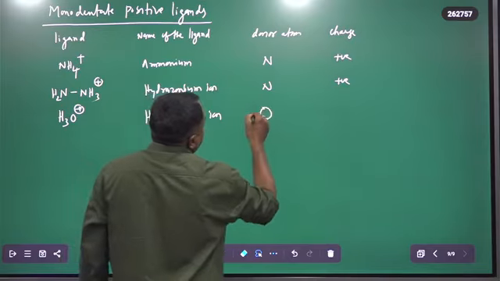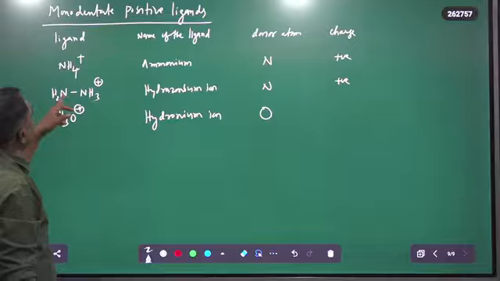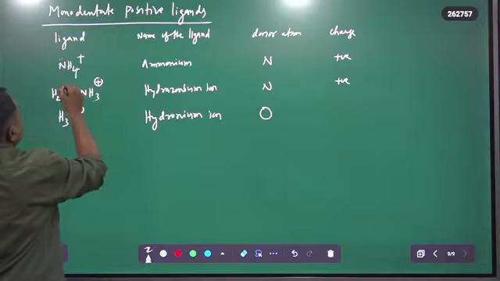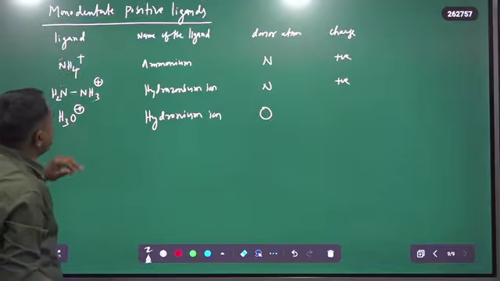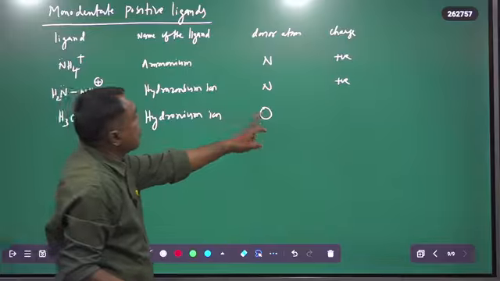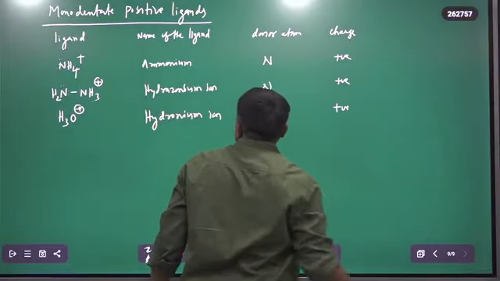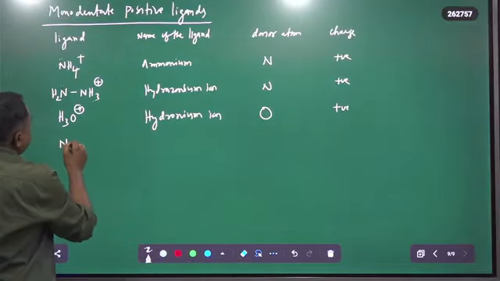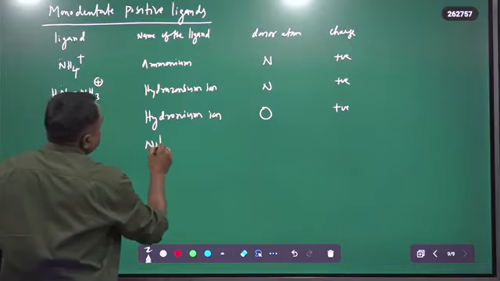In the hydronium ion, oxygen is the donor atom. In the hydrazonium ion, nitrogen is the donor atom, but having a positive charge. Therefore oxygen is the donor atom, and it also has a positive charge. Then there is NO2+, the nitronium ion.